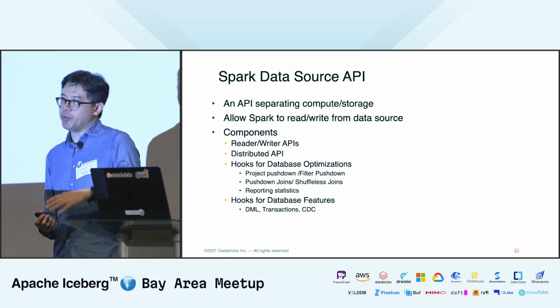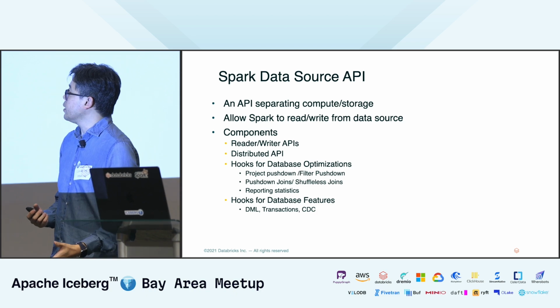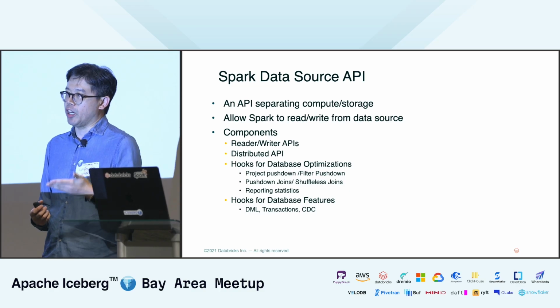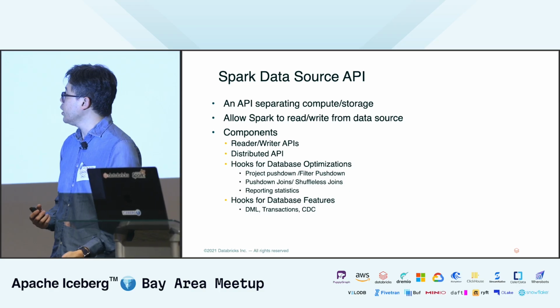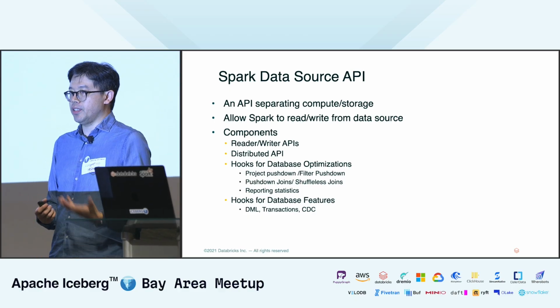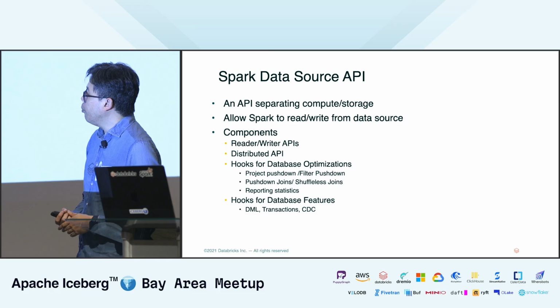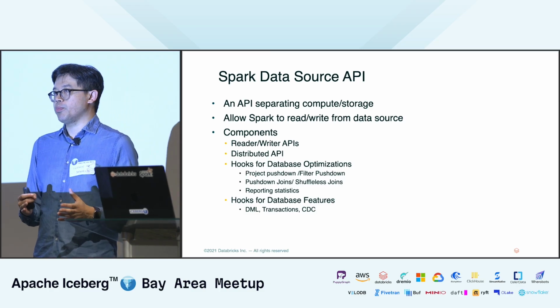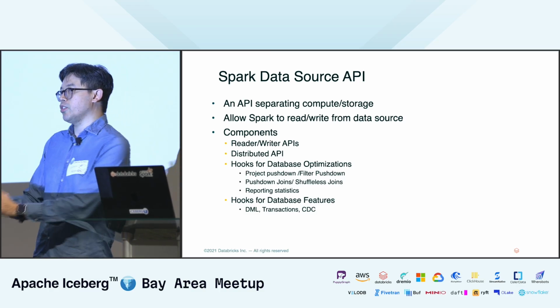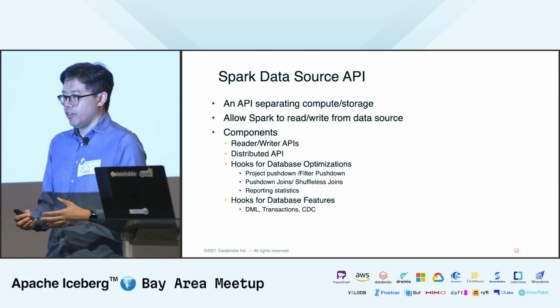A lot of database optimization needs the storage format to support, for example, pushing down things like filters, predicate pruning or column pruning, joins, even reporting statistics from the data source to make a better cost-based plan. And then entire new features of Spark in the SQL language need data source support. For example, DML, it doesn't make sense for any data source.